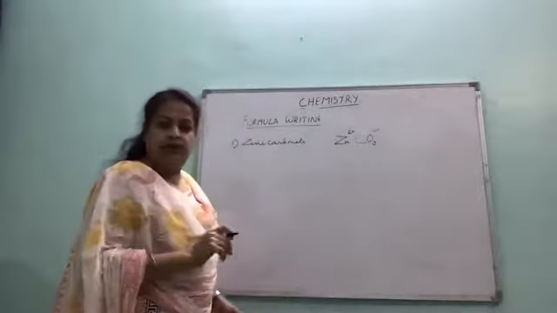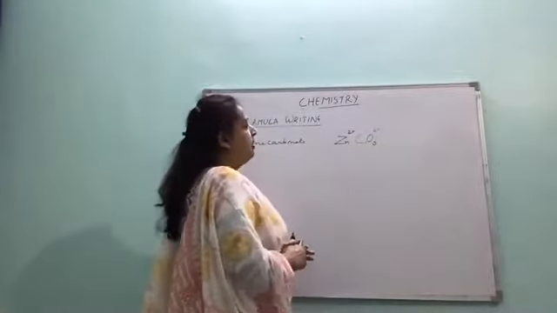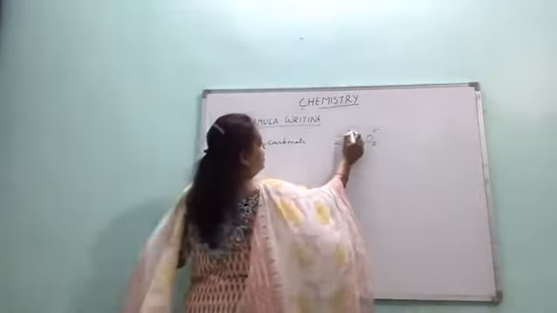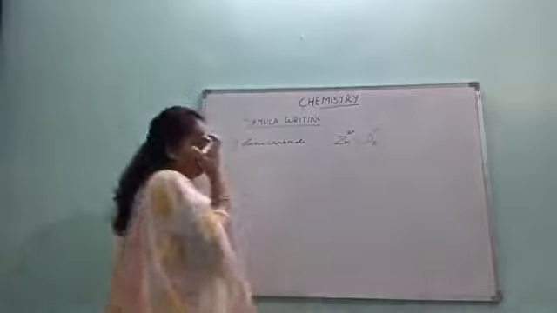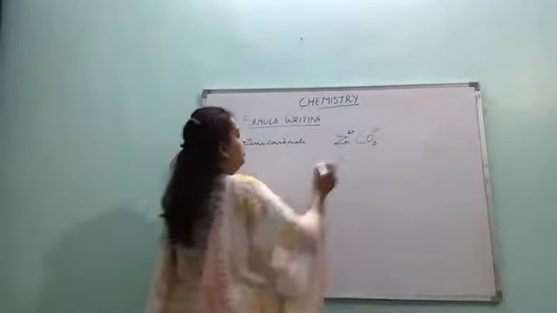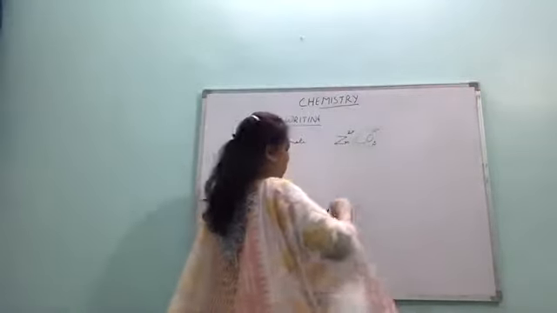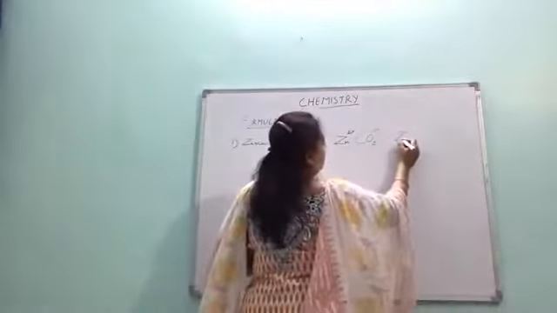Next time I will not write positive or negative, only the number. Now if they both have the same valencies, it cancels off. 2 and 2 cancel off. So now when we cross it, this one comes here, this one comes here. The formula would be ZnCO3.